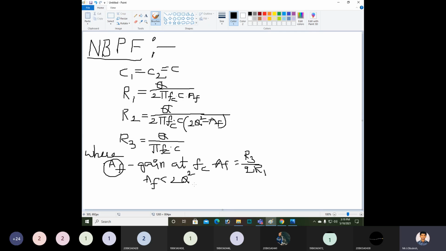The gain AF, however, must satisfy the condition AF is less than 2Q square.